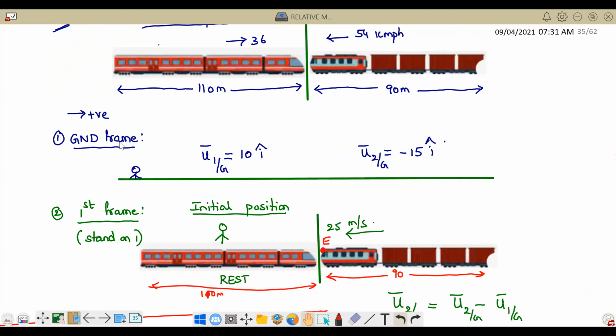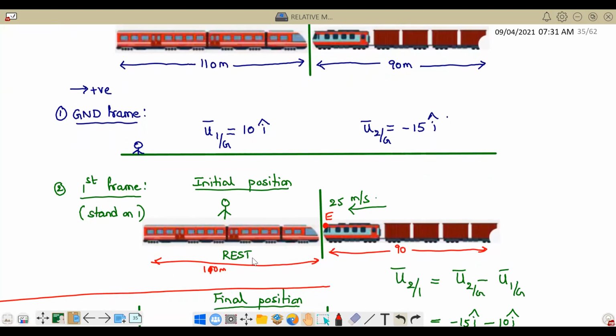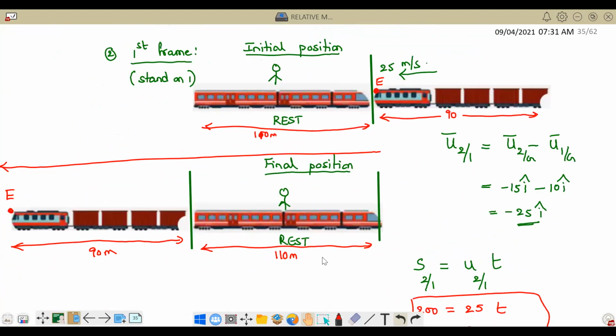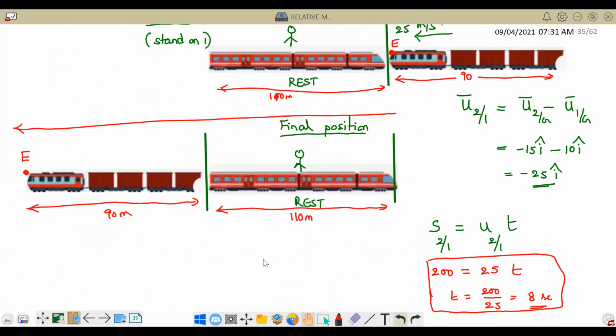Second, the velocities given are constant. Third, we have to solve it by relative motion from the ground frame. Next, either you stand on the first frame or the second frame. Then apply this equation. Only one equation is there.